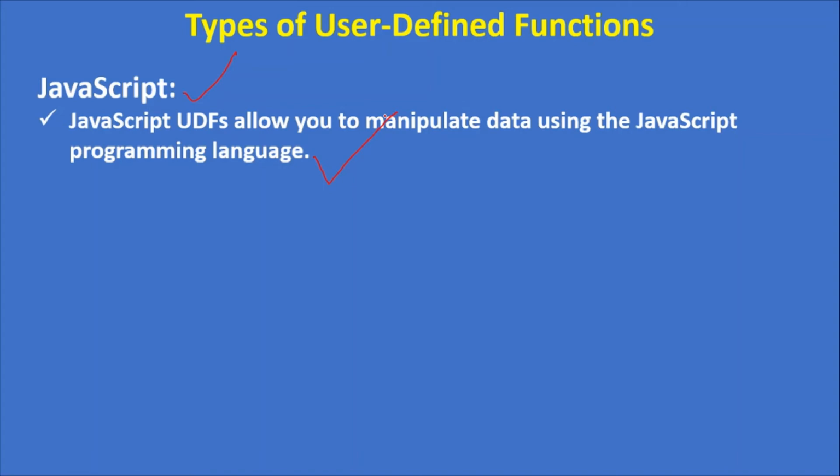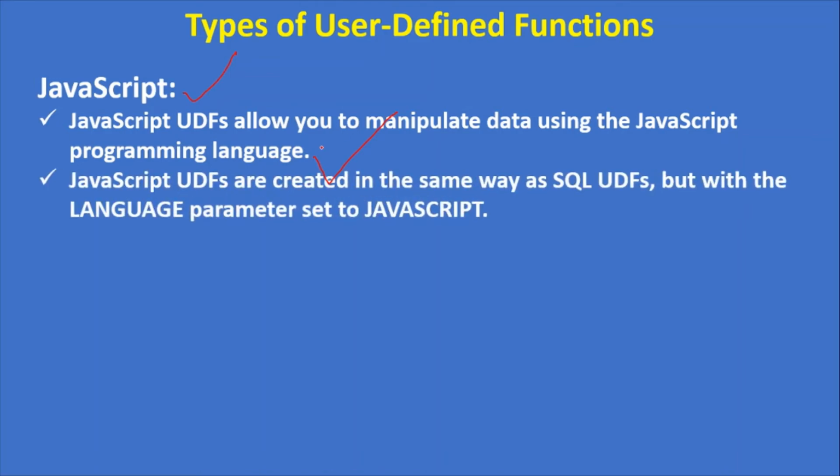In that case, you can go for the JavaScript programming language. JavaScript UDFs are created in the same way as SQL UDFs, but with the language parameter set to JavaScript. So while defining a user defined function, if you don't specify any language, by default it's a SQL UDF. If you want to create a user defined function with JavaScript, you have to pass the language parameter as JavaScript.